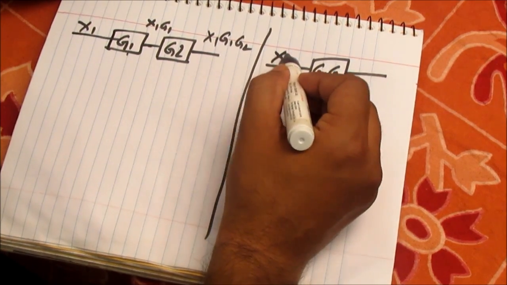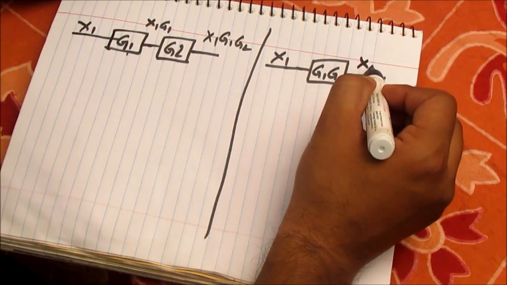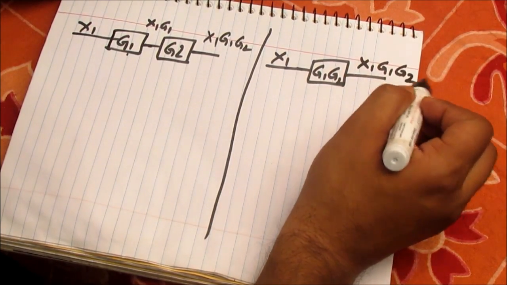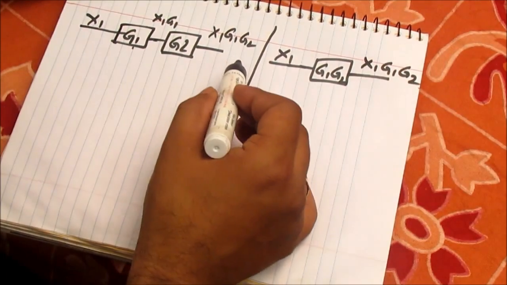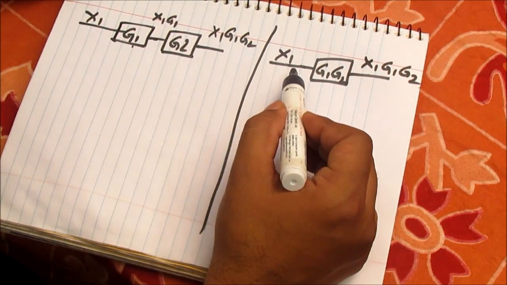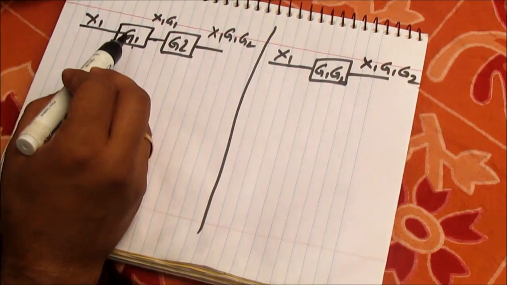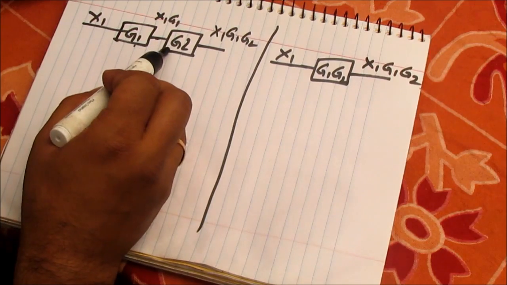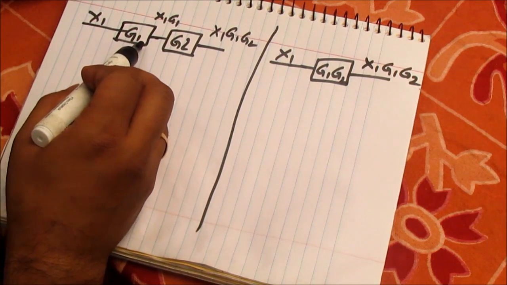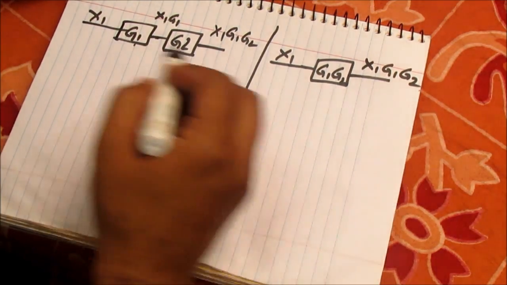Here input is x1 and the output is x1 G1 G2. So the equivalent means the input and output should remain the same. So we have seen if two blocks are in series, we have to just take the product of them.